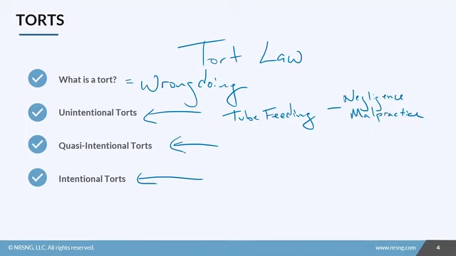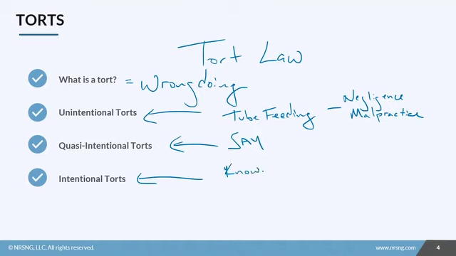When we look at quasi-intentional torts, this is something that you say, right? Something that you say that causes harm to someone or their reputation. So if you release that a patient has HIV and they're fired from their job for it, that's a quasi-intentional tort. So defamation of character, sharing of private health information that causes harm. Intentional torts are things you knowingly and willfully do to a patient that cause harm.